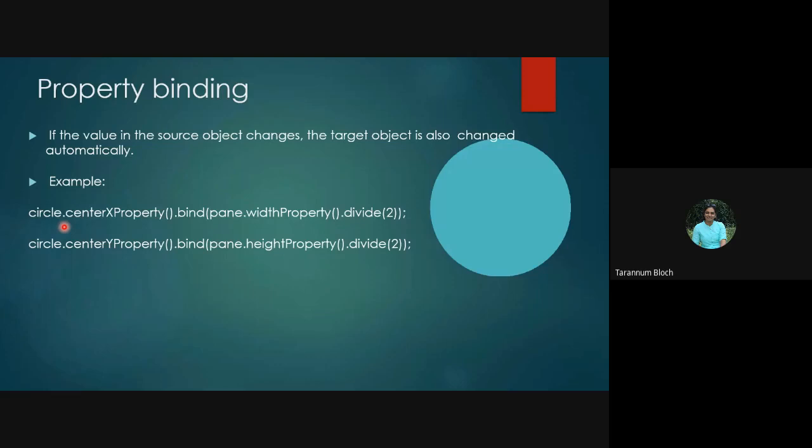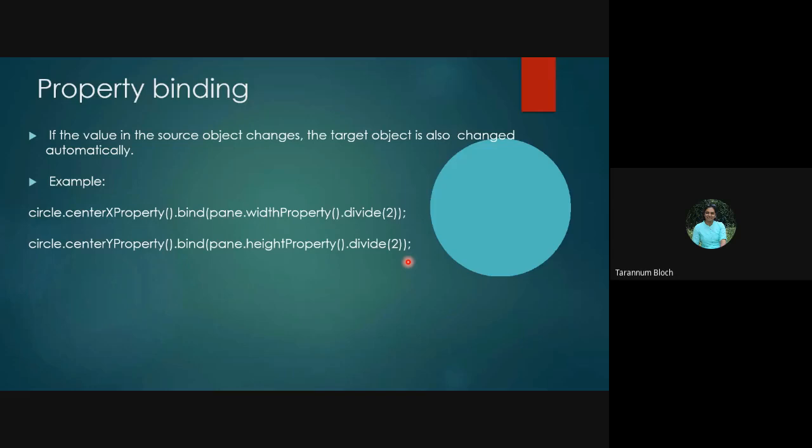So what we wrote is circle dot center x property dot bind pen dot height property dot divide by 2. Similarly, circle dot center y property dot bind pen dot height property dot divide by 2.